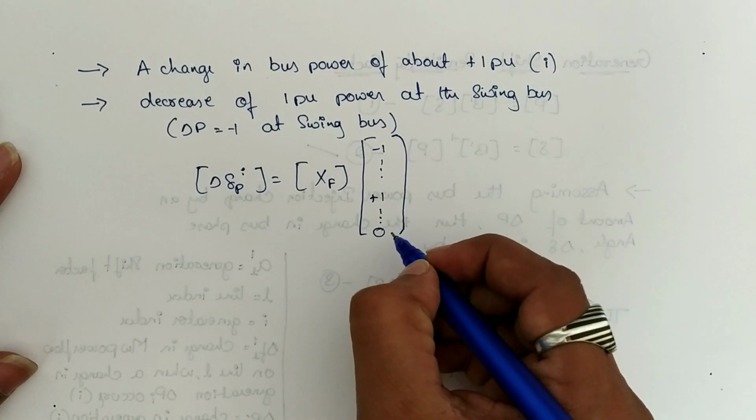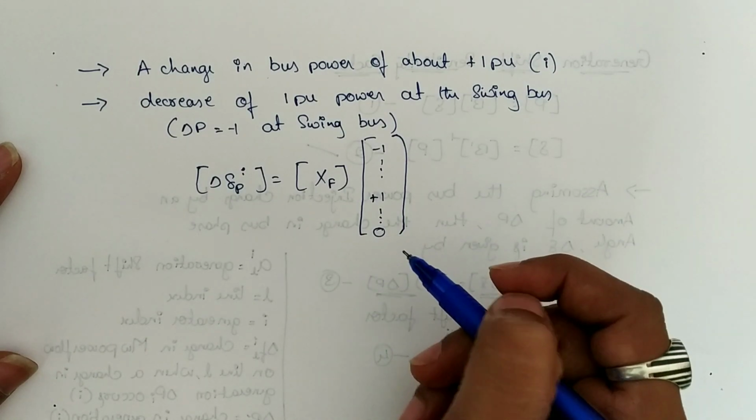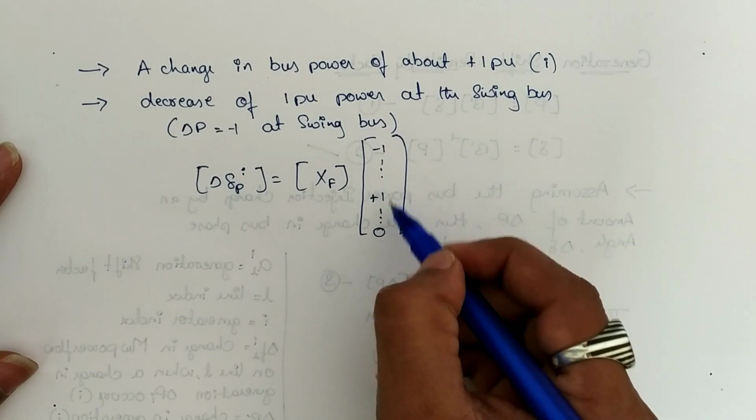And at other buses the value is 0, which means the change in power is 0 at other buses.